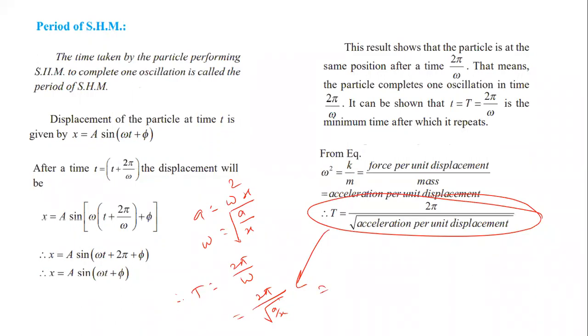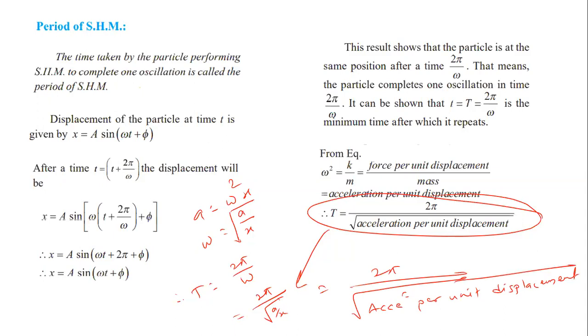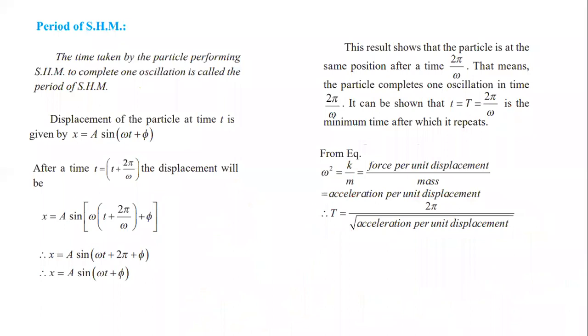The same formula in words is 2 pi upon under root acceleration per unit displacement. This is the formula of the period. So you can remember the period is given by 2 pi by omega, or t is equal to 2 pi upon under root acceleration per unit displacement.